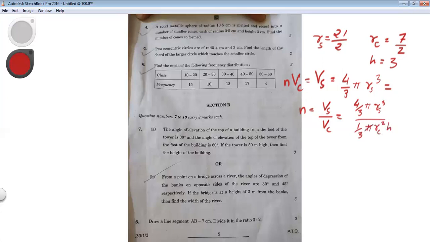Okay, so pi gets cancelled, 3 gets cancelled. So what you are left with is 4 Rs cube by Rc square into h.